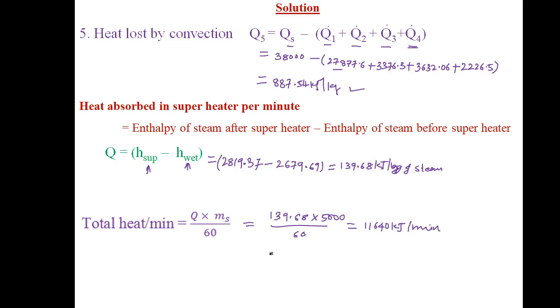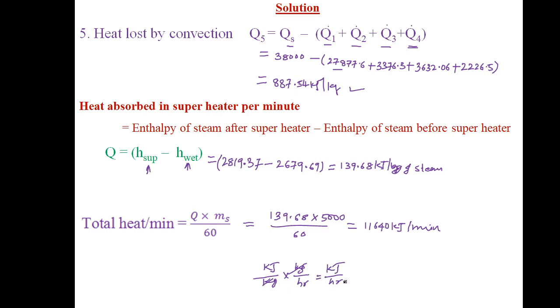The enthalpy is in kilojoules, 139.68, so it is in kilojoules per kg. And steam produced is 5000 kg per hour. Kg gets cancelled, and kilojoules per hour is going to remain.